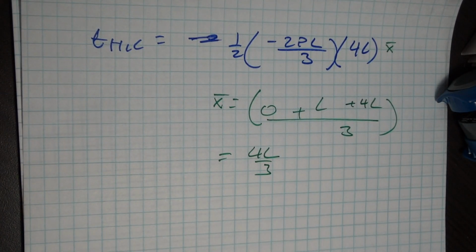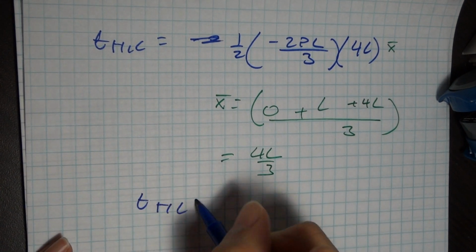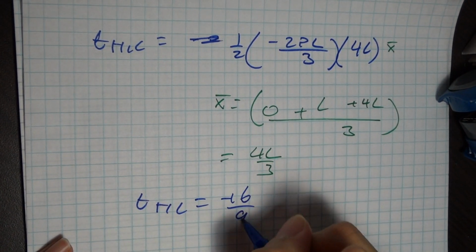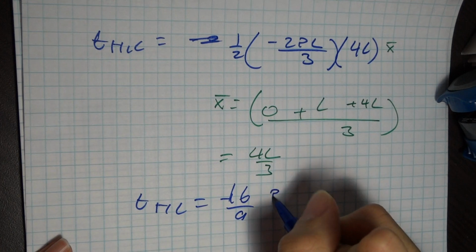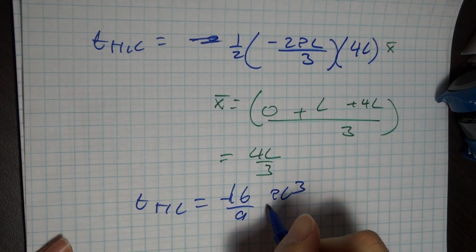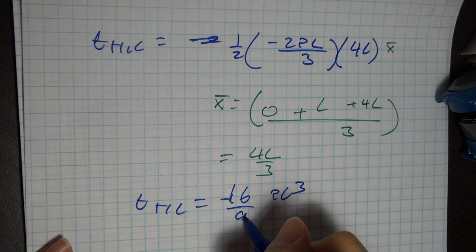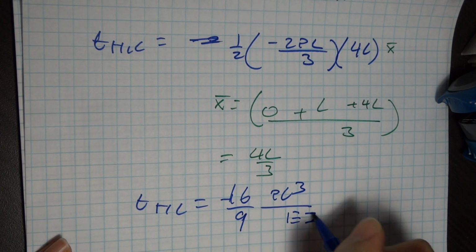Therefore THC is equal to, I'm going to skip a lot of math here, negative 16 on 9 PL cubed on EI.